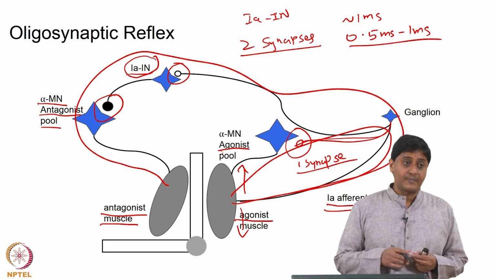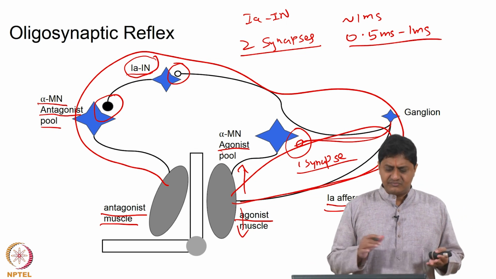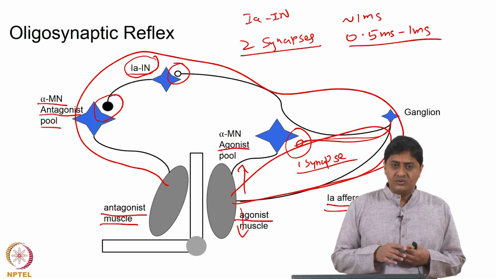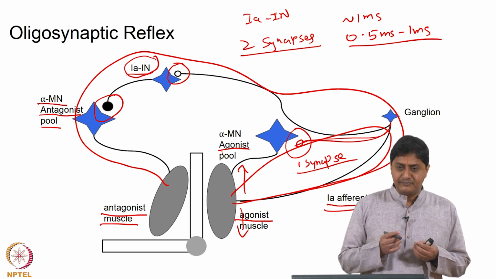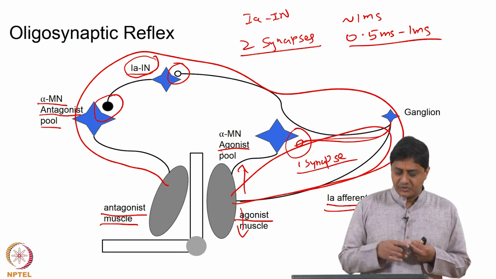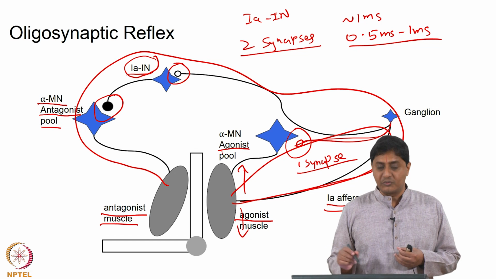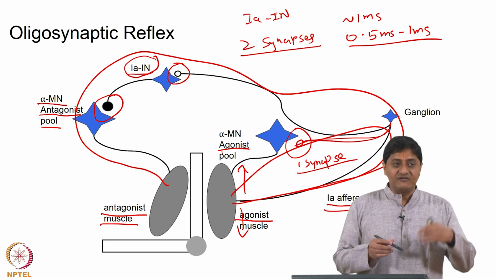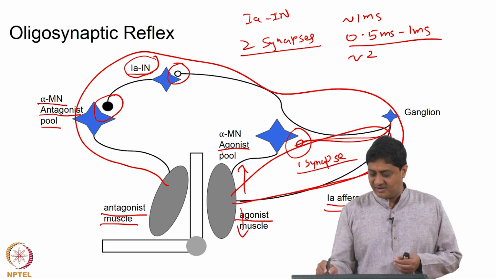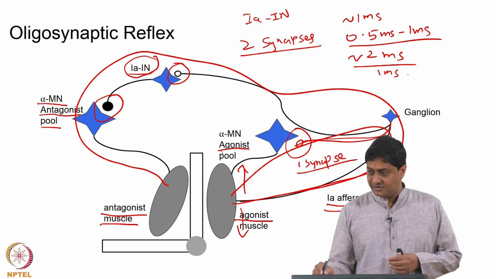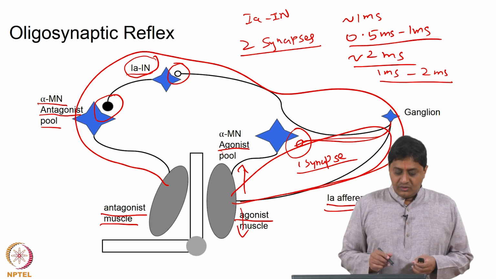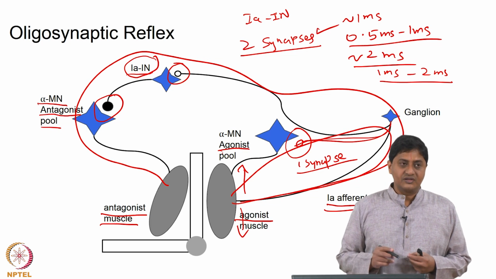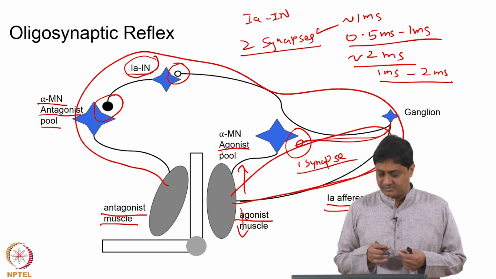Since we know that the synaptic delay due to neurotransmitters can be between 0.5 and 1 millisecond, we know that there is just one more synapse that is involved. If there were 2 more synapses involved, then the delay will be higher, more precisely between 1 millisecond and 2 milliseconds. Okay. So, this is how we know that this involves 2 synapses through classic neurophysiological methods.